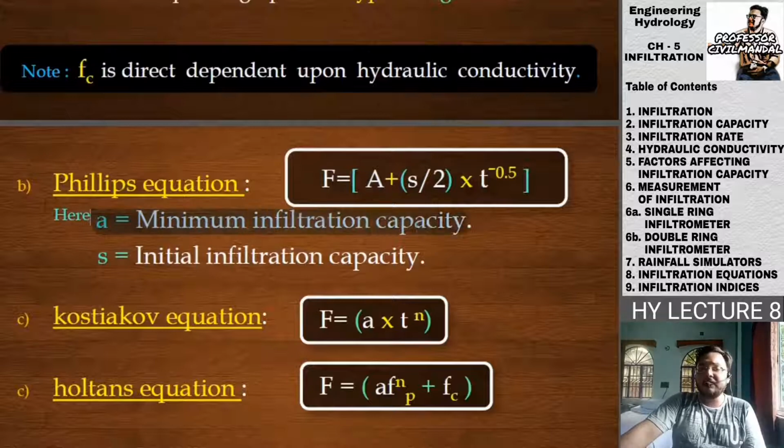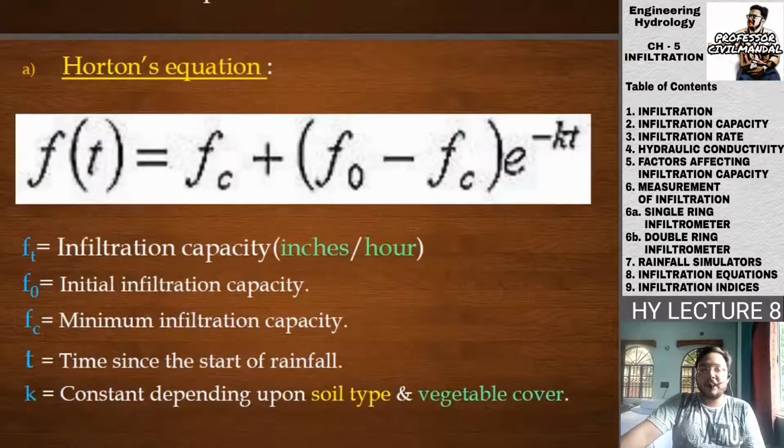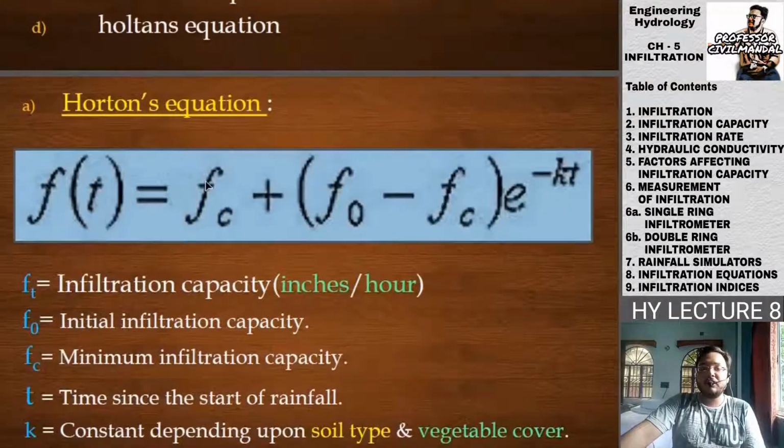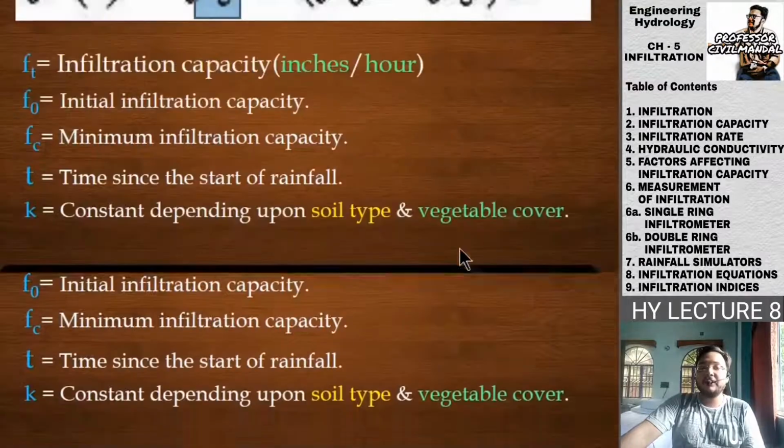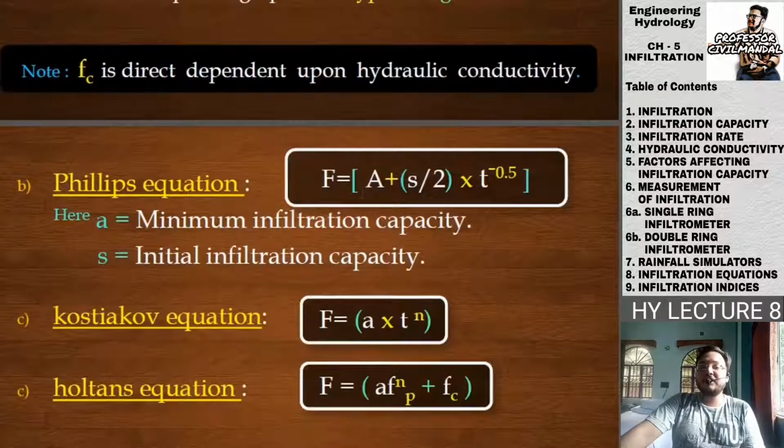But that A is the minimum infiltration capacity, just as we had Fc over here. Horton gave us Fc as the minimum infiltration capacity. Similarly, Phillips is giving us A as the minimum infiltration capacity, but the difference is S by 2, where S is the initial infiltration capacity.